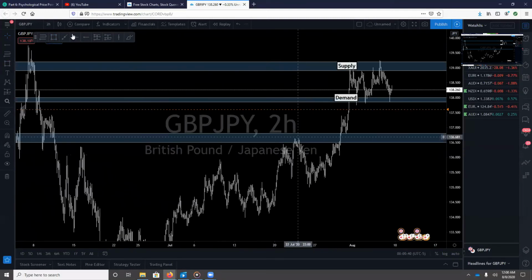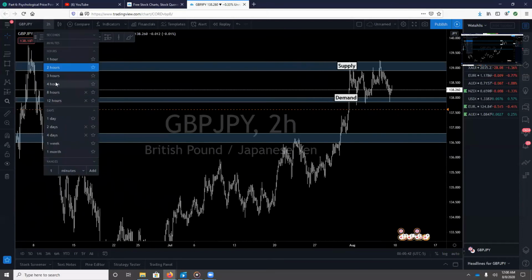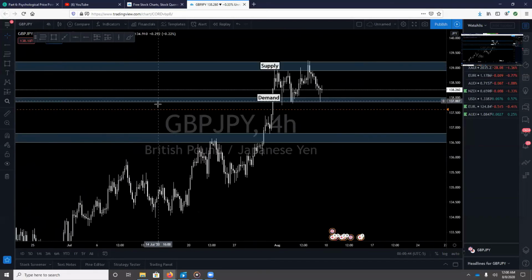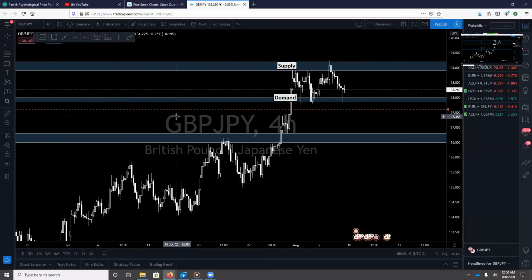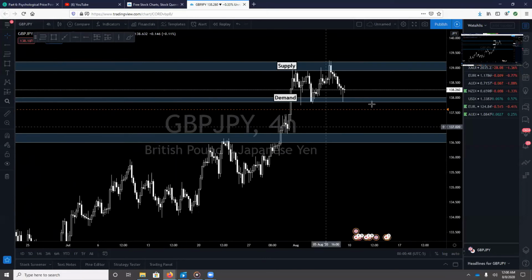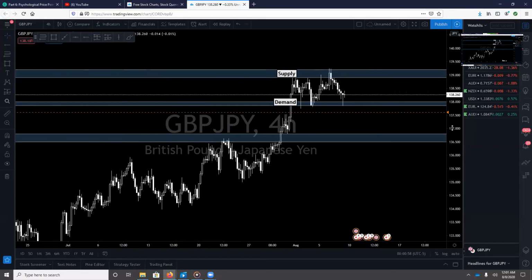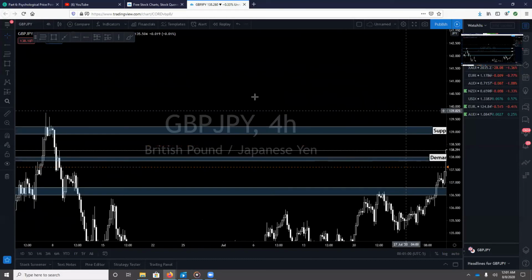Marking it up or being able to see these is not that hard once you do it over time. And the more you do it, the easier you'll be able to spot these levels, spot these zones.